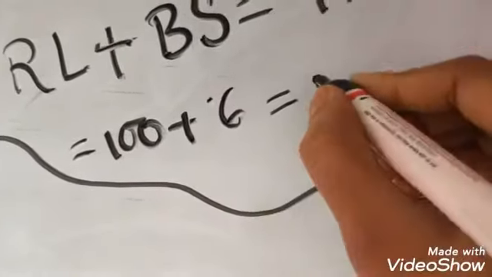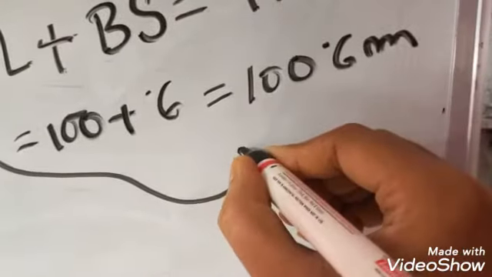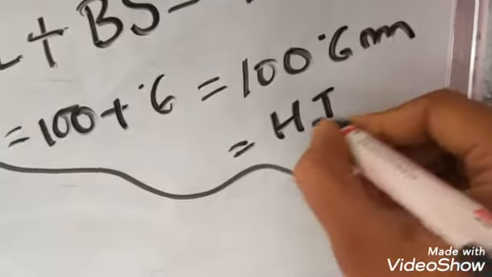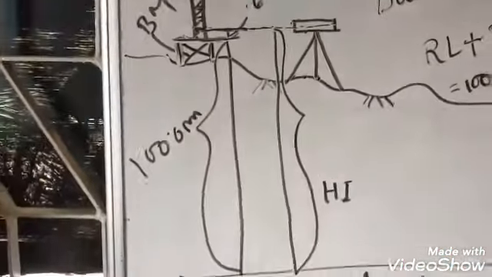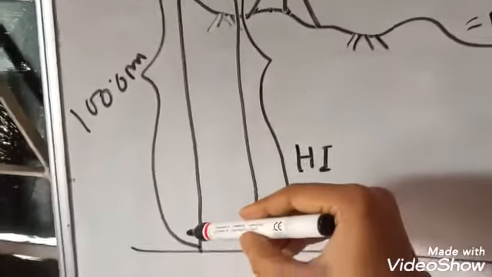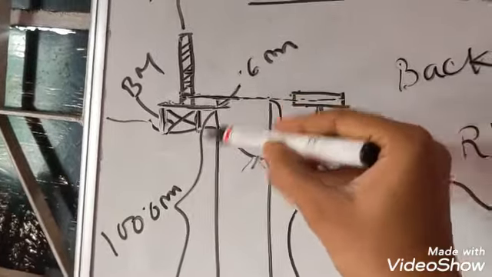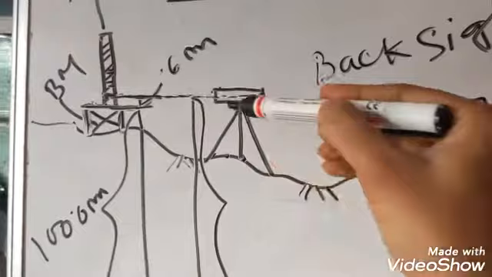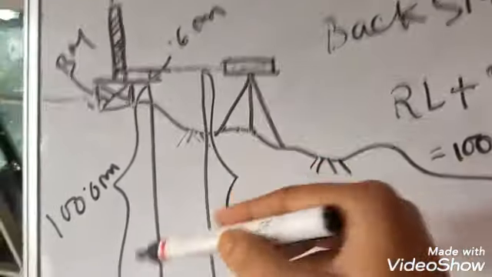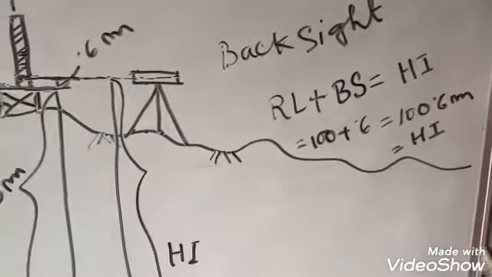So ultimately, 100.6 meter is your height of instrument. It is very simple, and clear from the drawing also. From this point to this point it is 100, and from this point to this point it is 0.6. So 100 plus 0.6, that is 100.6, is the height of this line of collimation, or height of instrument.